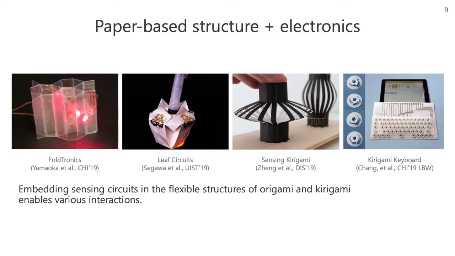Based on these techniques, researchers have also investigated the integration of interactive elements into paper-based structures, such as origami and kirigami. The origami and kirigami structures can be moved dynamically to achieve tangible interactions. In these works, the sensing circuits are added to sense such interactions.